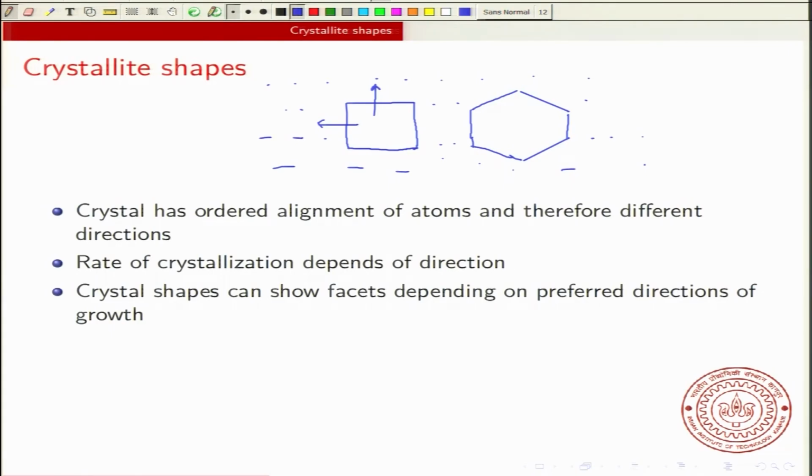Now if you look inside the crystal, it has an ordered arrangement of atoms. So that means the atoms in the crystal are ordered in some way, and therefore, for example, if the atoms were ordered this way, I will just take an example.